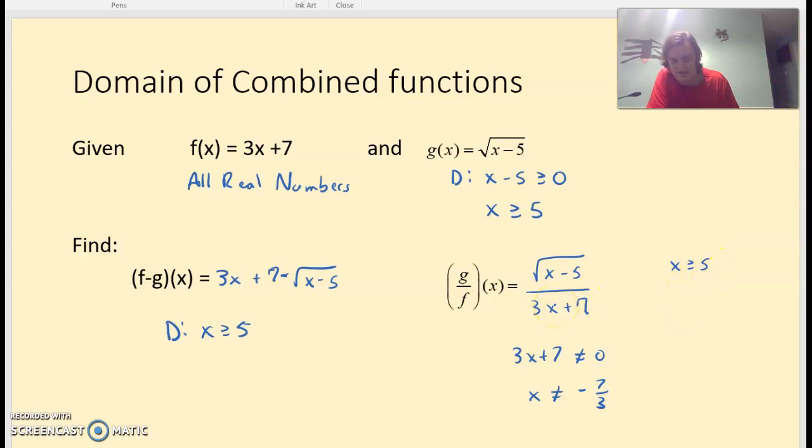But there's no telling. This thing down here on the bottom, any number could have broken it, but the domain in the end is greater than or equal to 5. Okay, but putting the other function on the bottom could have changed it. Could have caused us to throw some other number out. But that gives you a sense of how combining functions have a new domain.